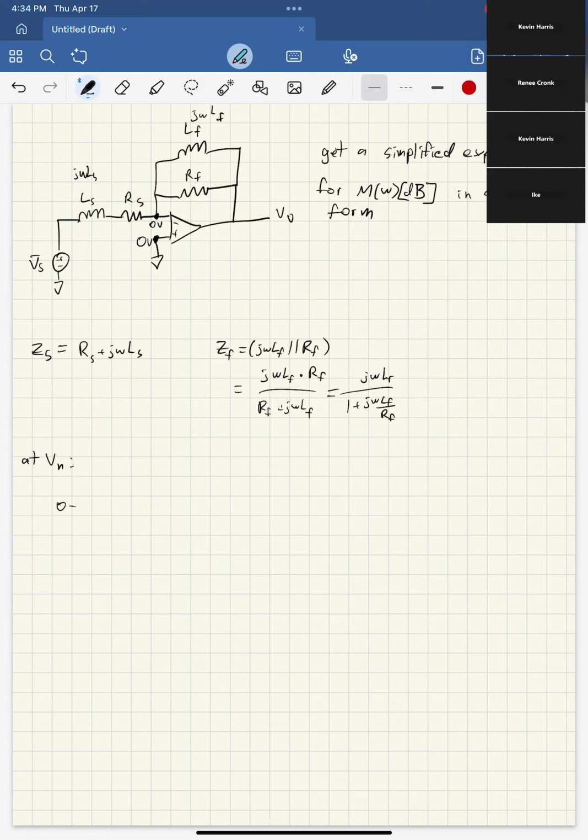We get 0 minus Vs over Zs, and it's nice to leave it in variable form, plus 0 minus V out over Zf equals 0. Solving for V out, this is just like a normal inverting amplifier, so it's negative ZF over ZS times VS.